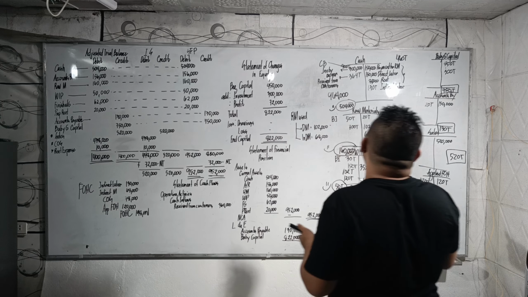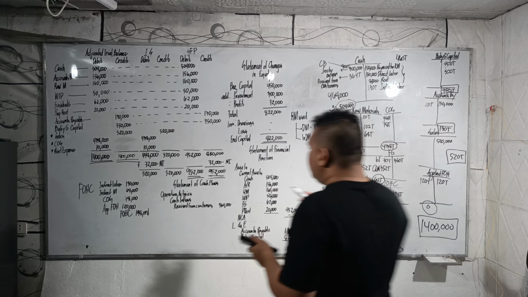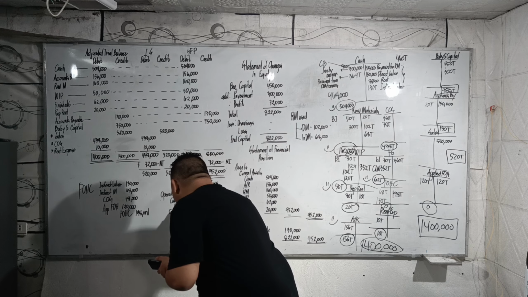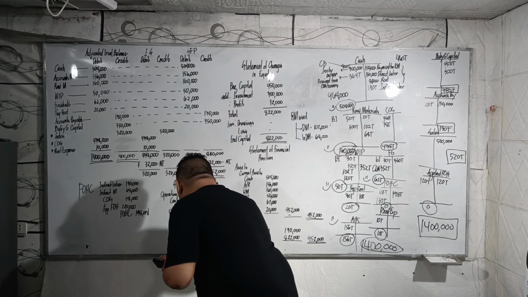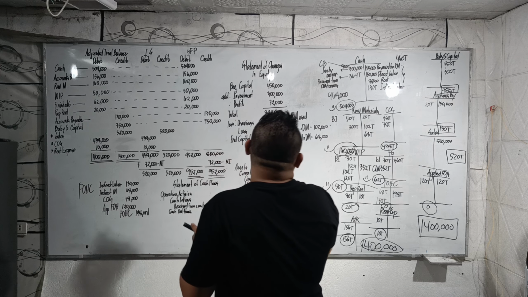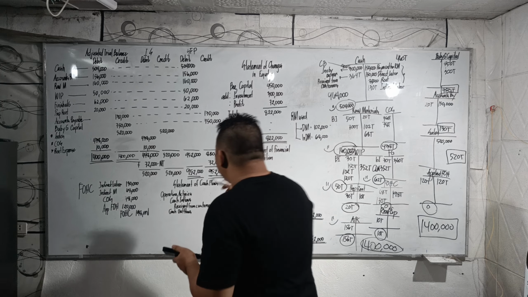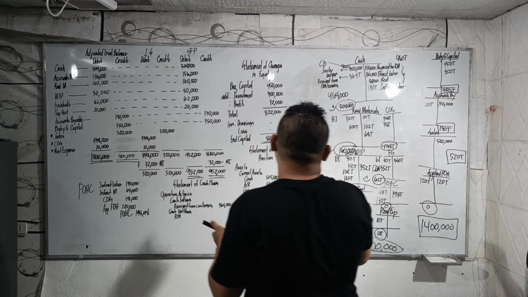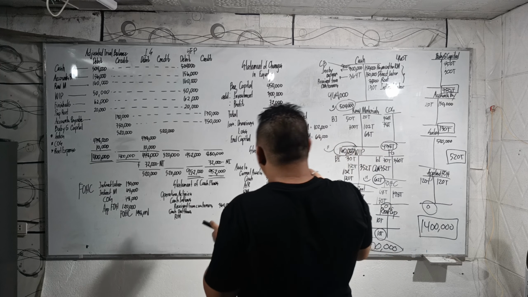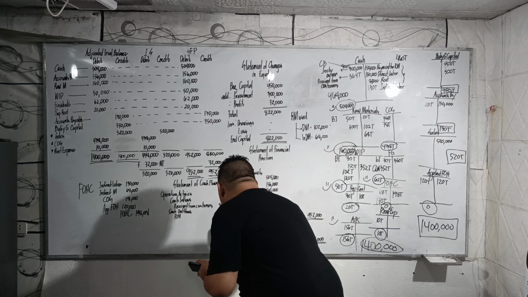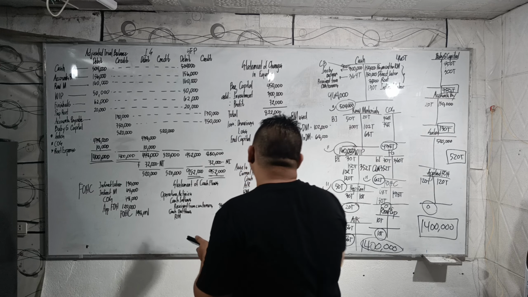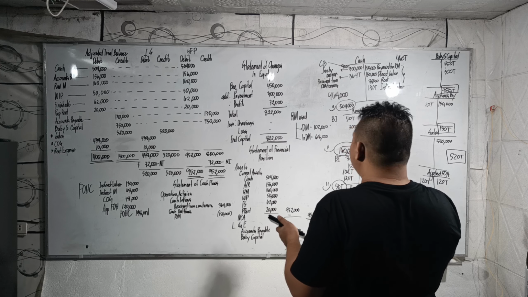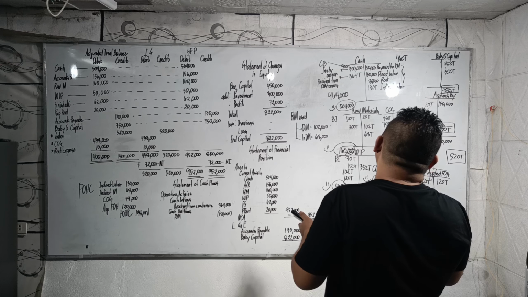And then we have payments, right? So we have cash outflows. The cash outflows are payment for raw materials. Let's put that at RM, 150. Let's present it so that we are going to summarize it immediately.